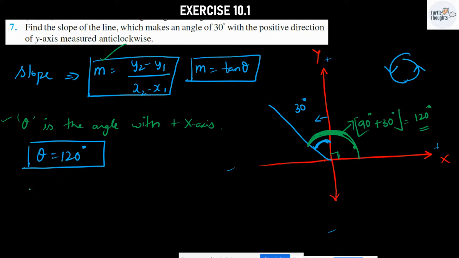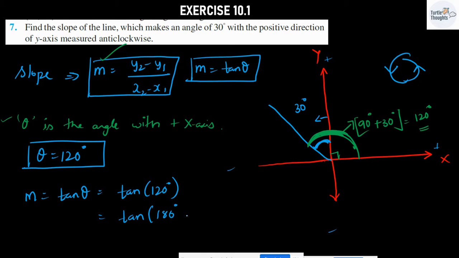So what is tan theta? Slope is given by tan theta. Theta is 120, so can I write tan of 120 degrees? How can I write tan 120 degrees?